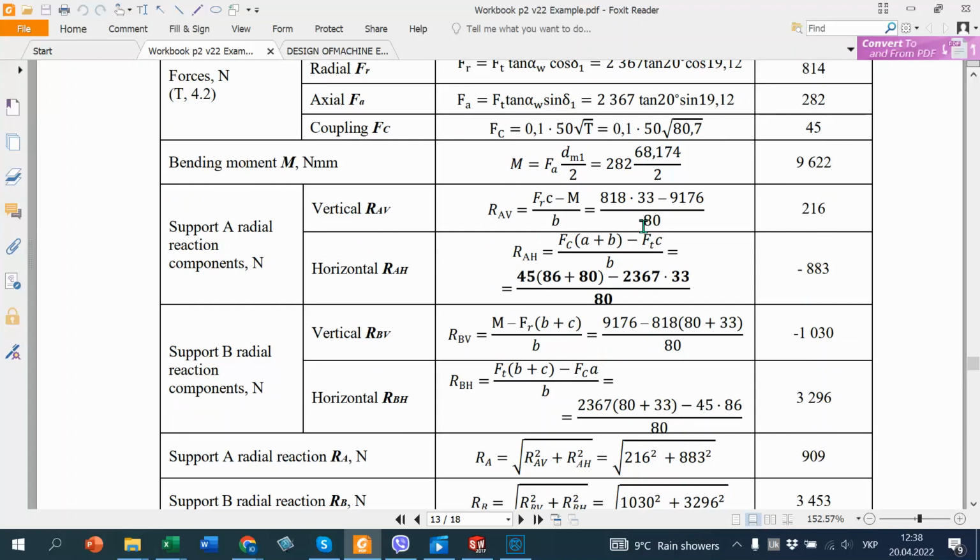And after that we can find radial reactions in point A and point B. Formulae for reactions you can use from this example.